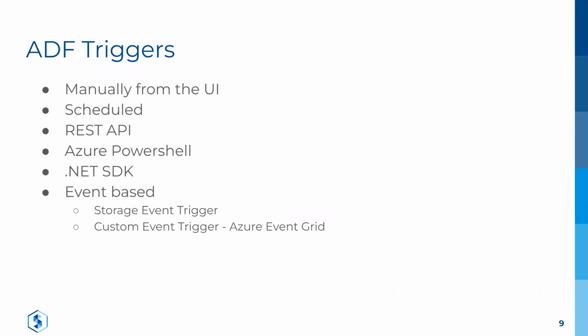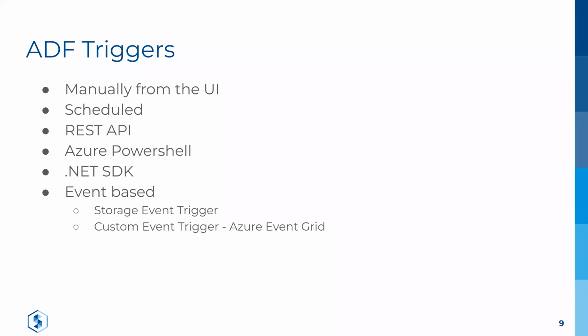So if you wanted something to programmatically invoke this, using some sort of REST API or pinging an API, you could do that. It works with Azure PowerShell, so if you had some script that you needed to kick this off with, you could do it that way. There's also a .NET SDK. So if you didn't even want to mess with the REST API, but you still wanted to use this in your .NET code, you could.